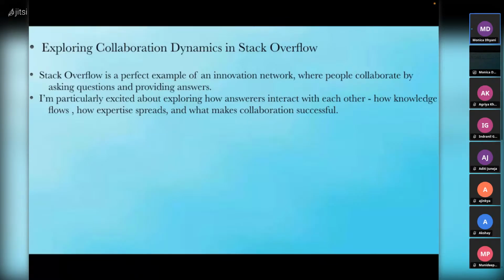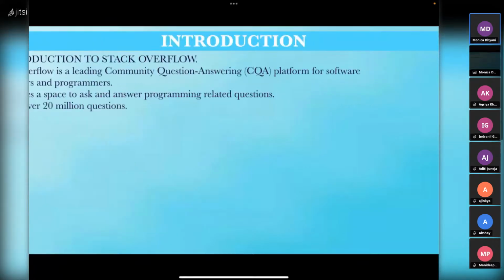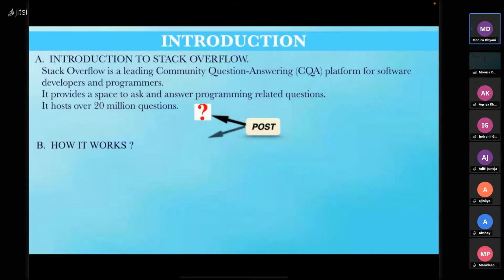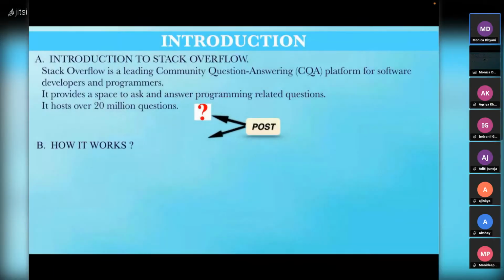It is currently one of the most prominent and active community question answering forums, launched primarily for software developers and programmers. Since its launch in 2008, it has grown tremendously and now hosts 20 million questions, and receives answers from its peers around the world on the platform.